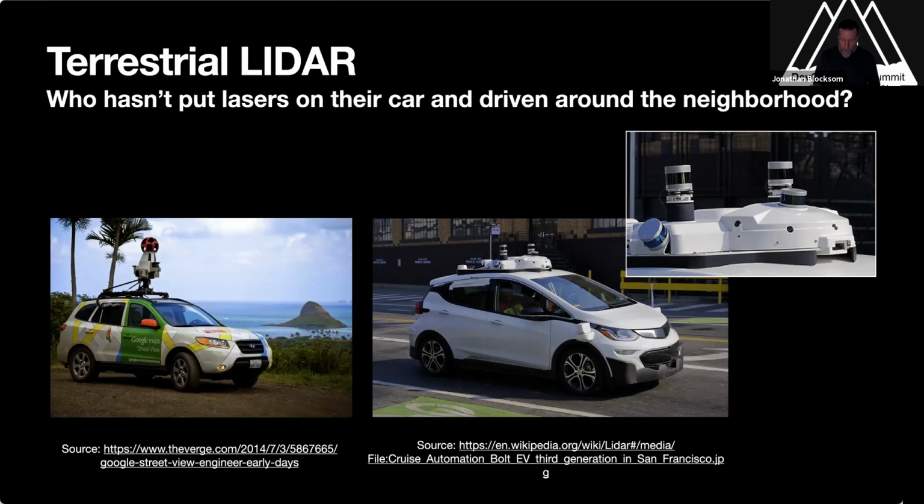On the left there, we have a Google Street View car where they just put a whole ton of cameras and LiDAR sensors and everything on it. They sort of said, hey, we don't really know how we're going to get the best maps. So we're just going to take as much data as possible as we drive around, and we'll figure it out once we get back to our office.